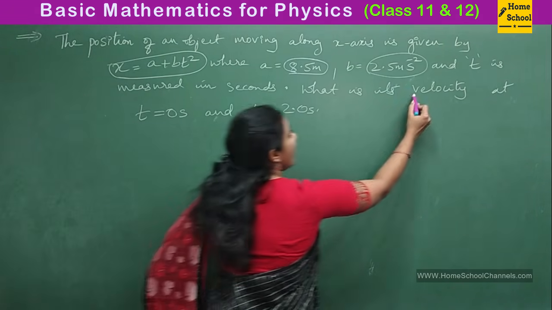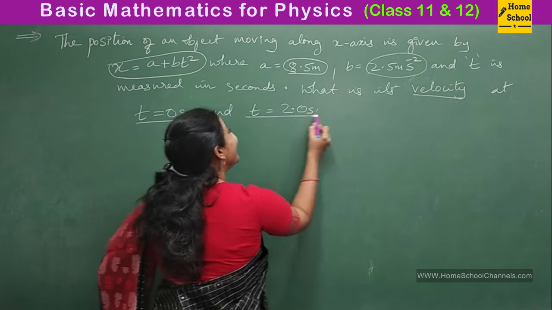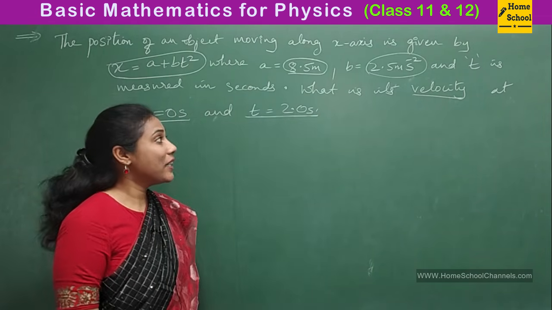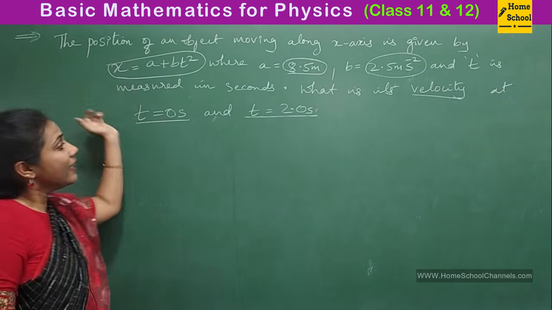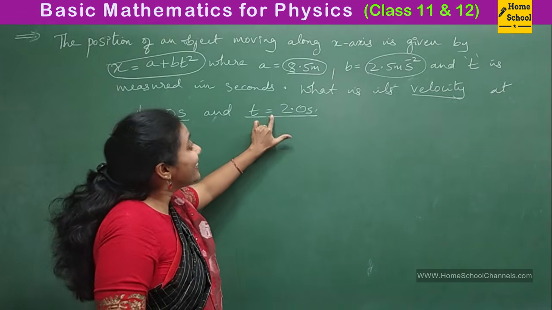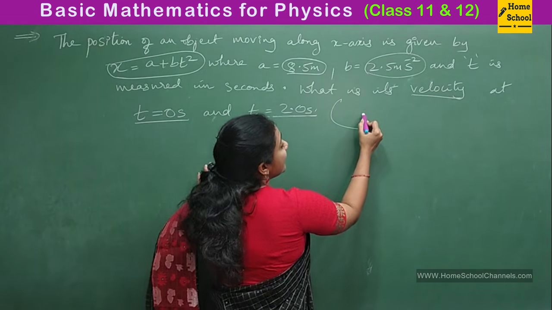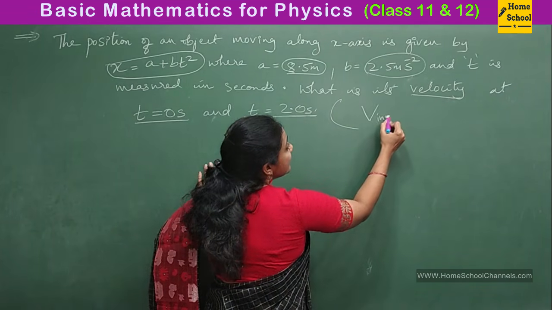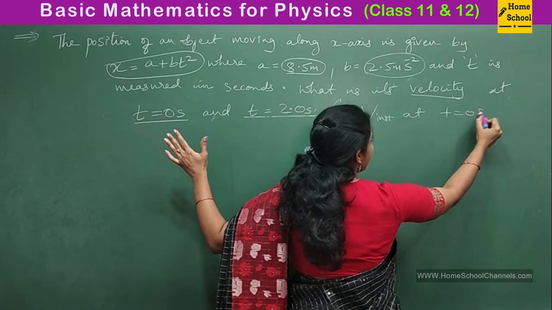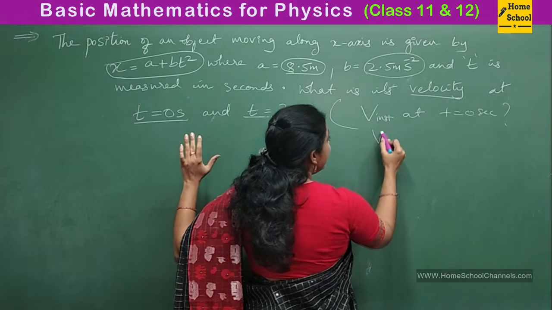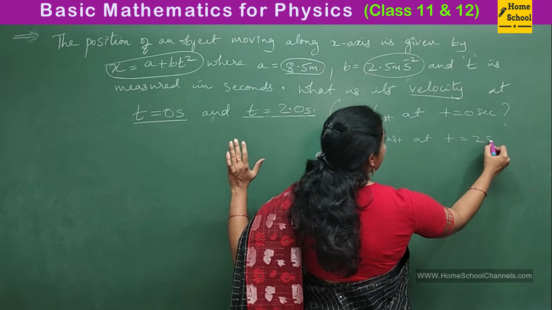What is its velocity at t is equal to 0 seconds and t is equal to 2 seconds? Here we can understand that they are asking instantaneous velocity at t equal to 0 seconds and at t equal to 2 seconds.